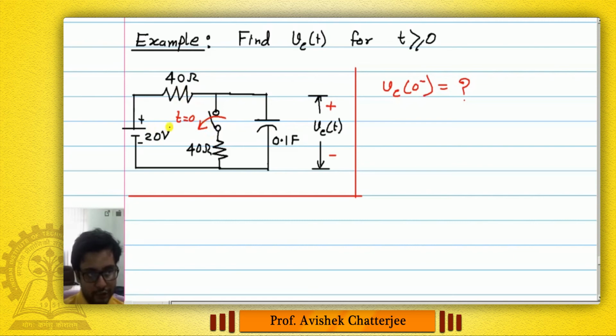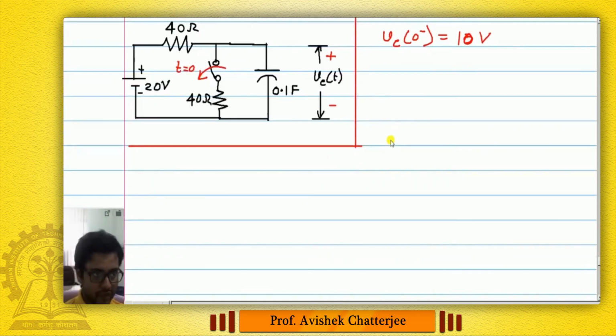So 20 volt will drop equally across these equal resistances. So 10 volt here, 10 volt here. That means the capacitor voltage will also be 10 volt. So this is equal to 10 before the switch is opened.